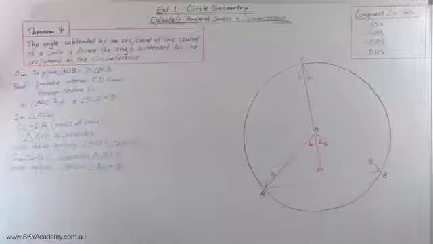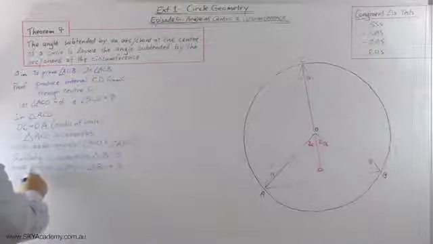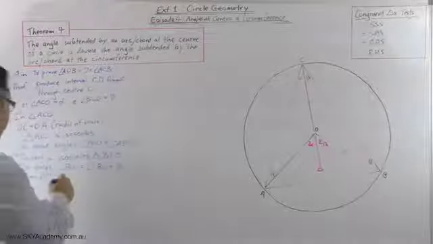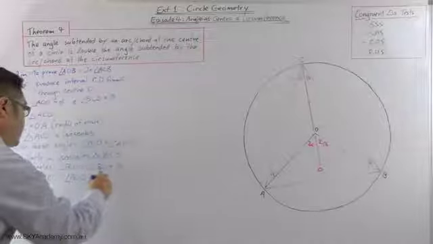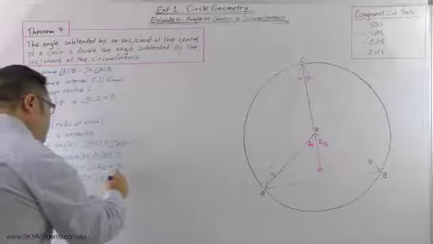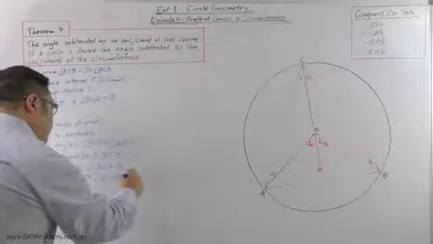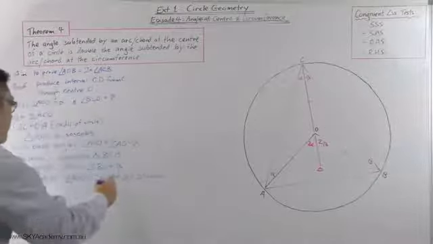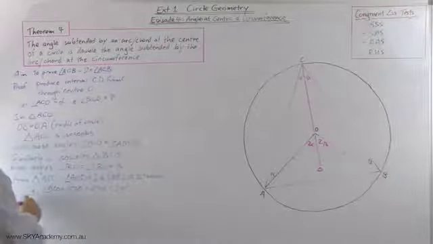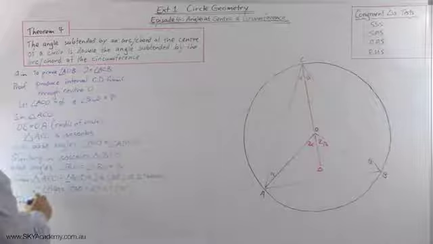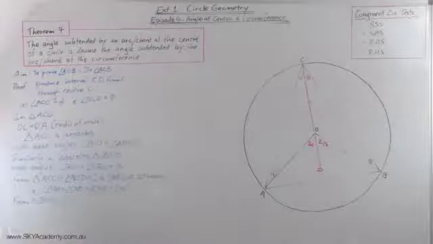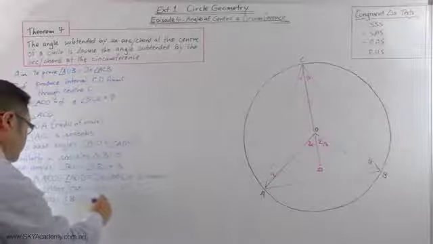Got it? Cool. So from triangle ACO, angle AOD equals 2 alpha, because of the external angle of a triangle theorem. So in other words, alpha plus alpha. Does that make sense? And from triangle BCO, we've got angle BOD equals 2 beta.